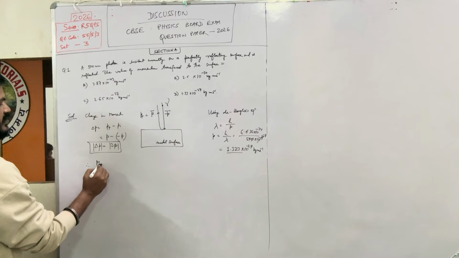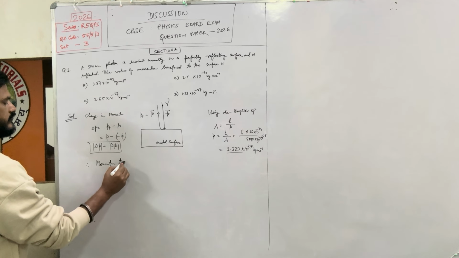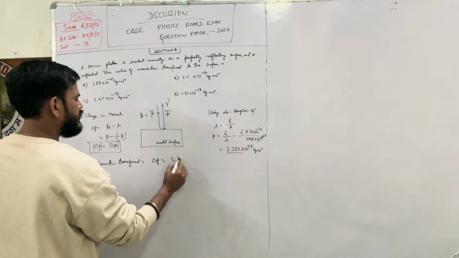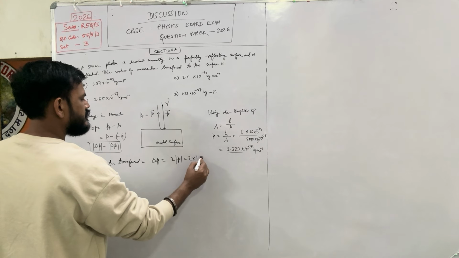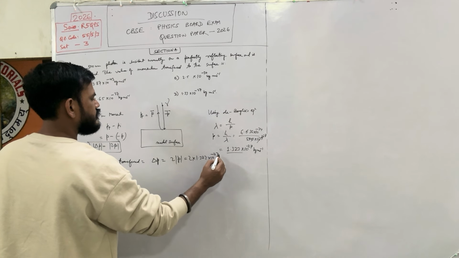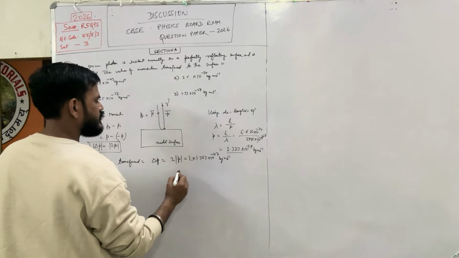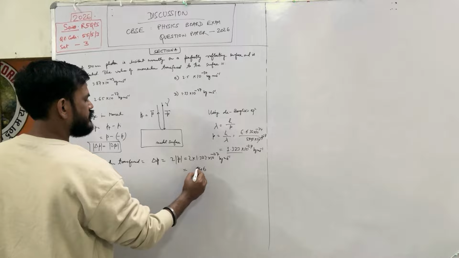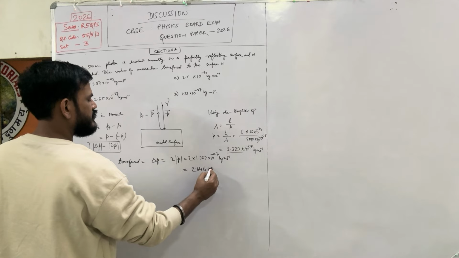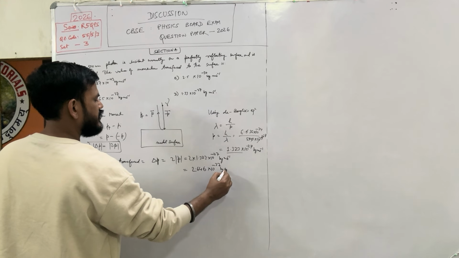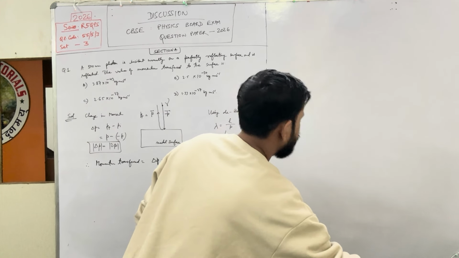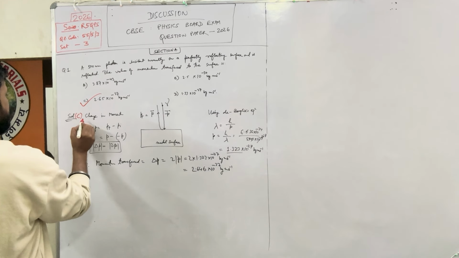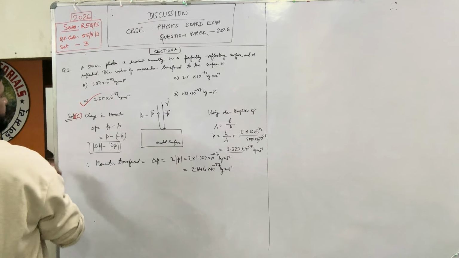Therefore, the momentum transferred is delta p, which is 2 times the magnitude of p, so it comes out to be 2.646 into 10 power minus 27 kg meter per second. So the correct answer is C. C is your answer for 1.